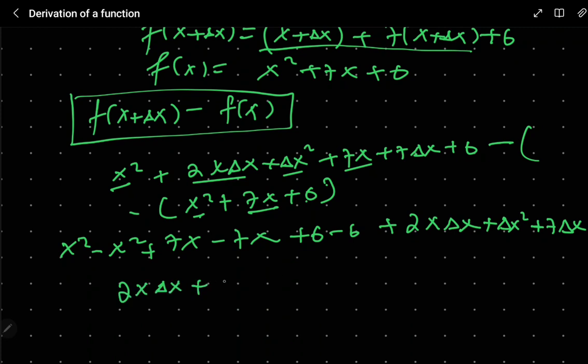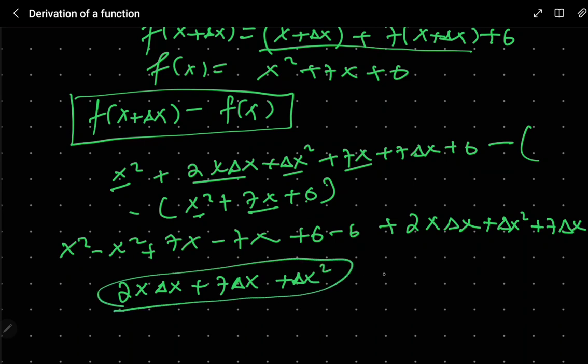plus 7 change in x, and what do you have there? The rest: plus 2x change in x plus the change in x squared. So this is the difference, meaning this is equal to f of x plus small change in x minus f of x.